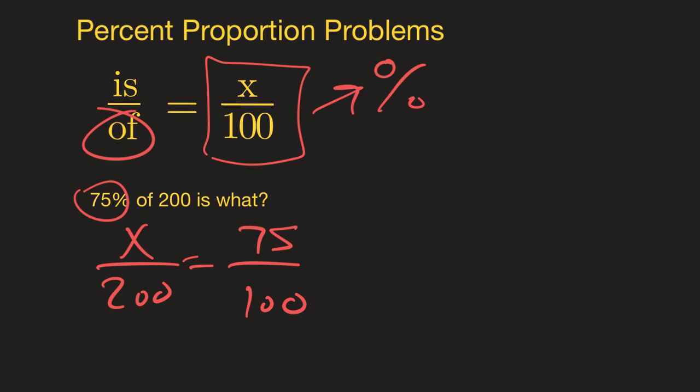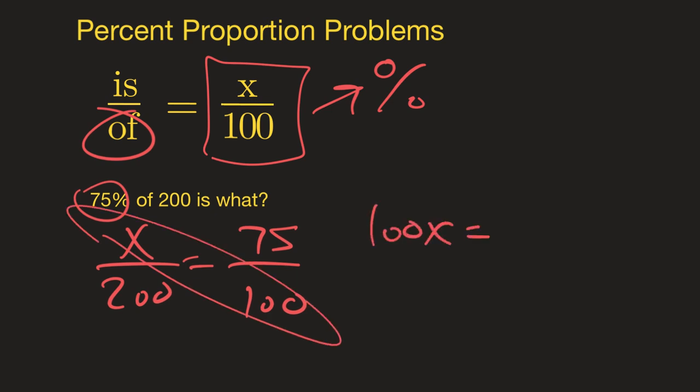So now, with the proportion written, we know how to solve a proportion. We're going to cross multiply. 100 times x is 100x. 200 times 75 is going to be what? That's going to be 150 with 2 zeros.